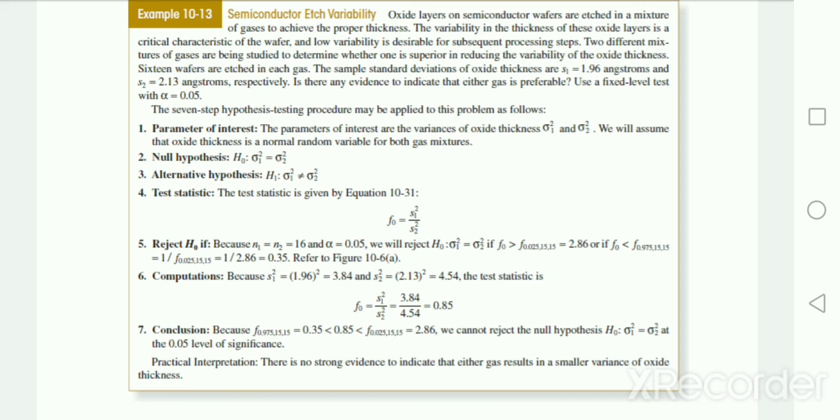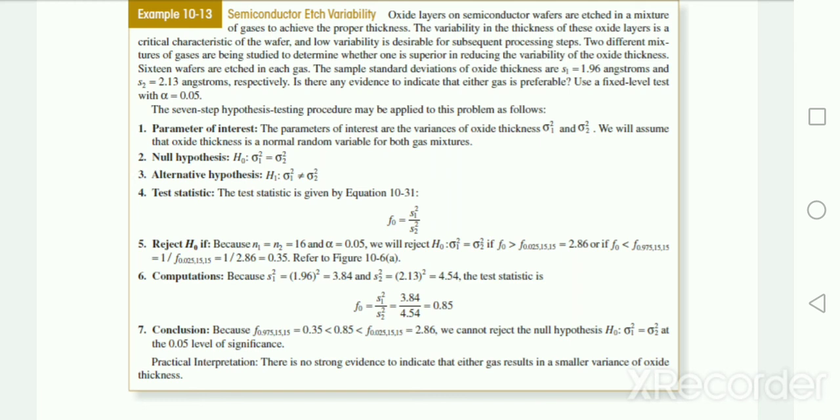The sample standard deviation of the first one, S1, is 1.96, and for the second one, S2 is 2.13. Alpha is 0.05. The question is: is there any evidence to indicate that either gas is preferable, or both are the same?